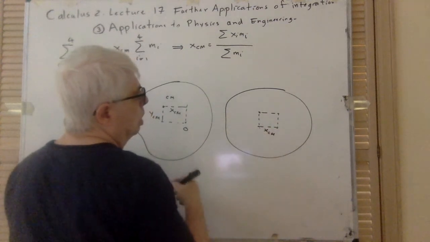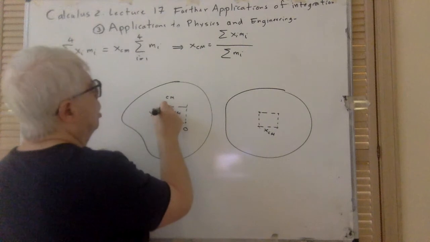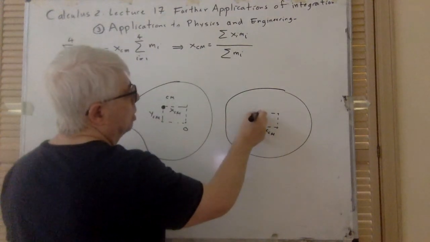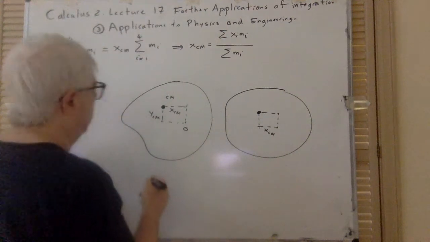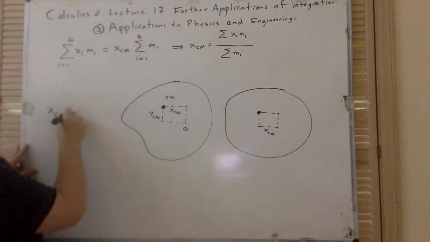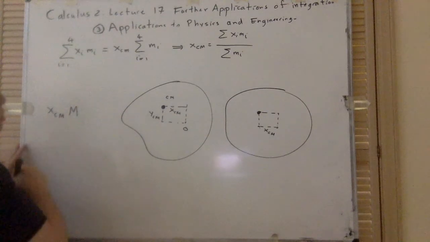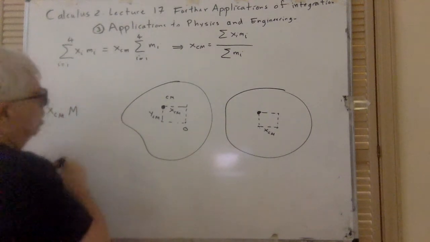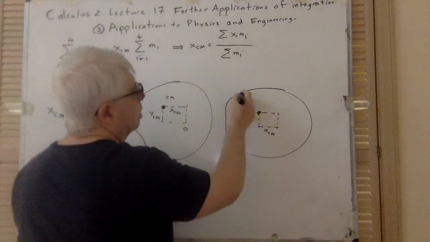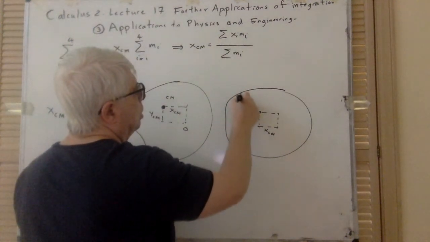Now, it is like I concentrate the whole mass of this object here, then xcm times the whole mass of the object should equal the x's times dm's.